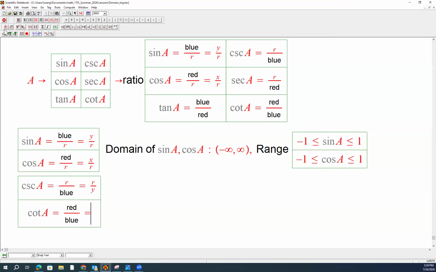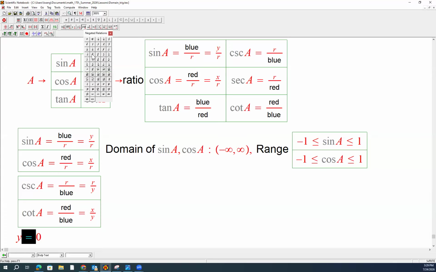To determine the domain for cotangent and cosecant, we understand that Y cannot be zero. If Y equals 0, those terminals cannot be the input angles' terminal.